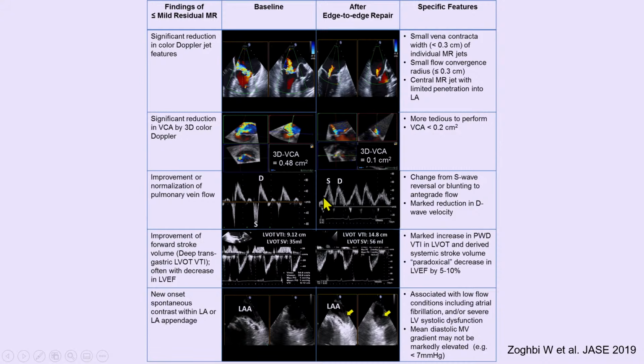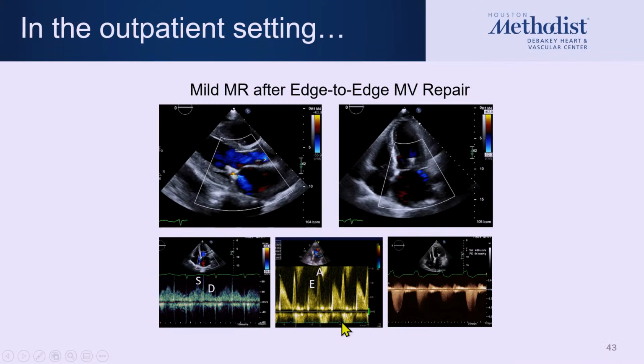You also look for almost normality of the pulmonary venous flow, which was reversed before, and then almost the resurrection of the systolic wave, higher systemic output from the transgastric window, and actually more spontaneous contrast in the left atrial appendage.